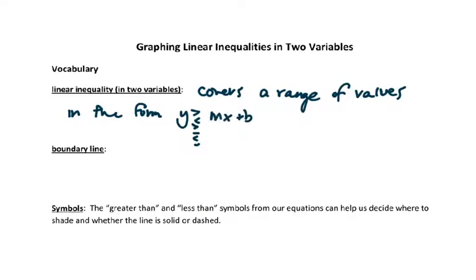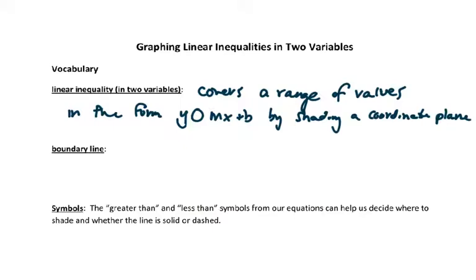I'm going to erase all those and just put a circle to represent the missing symbols so that we don't take up all of the room that we have. And it's going to cover that range by shading the coordinate plane. So we're going to have a lot of possible answers, infinite possible answers, all represented by shading the coordinate plane.